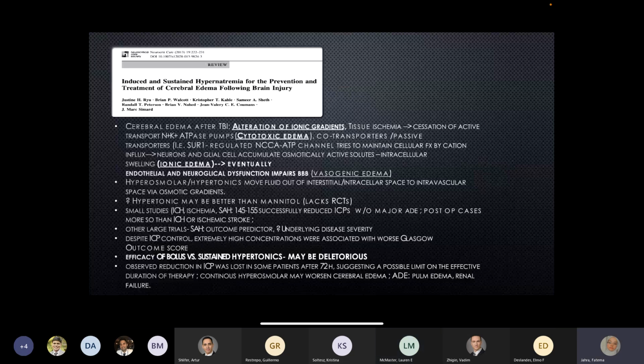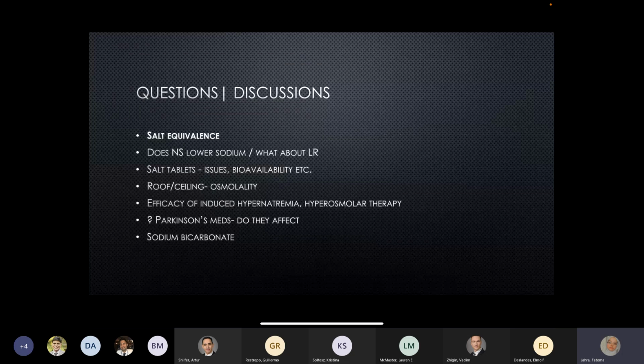Okay, perfect. This paper was very interesting because for those of us who found the previous part of the talk pretty much everything we already know, this was a little new to me. I was trying to find the ceiling effect of hypertonic treatment for induced hypernatremia, for people in whom we want to raise the sodium for whatever reason to reduce ICP.